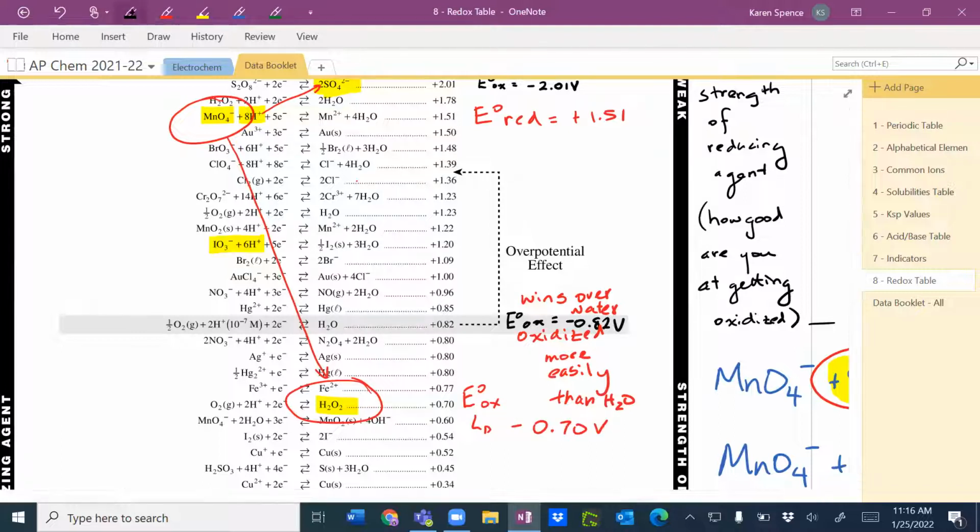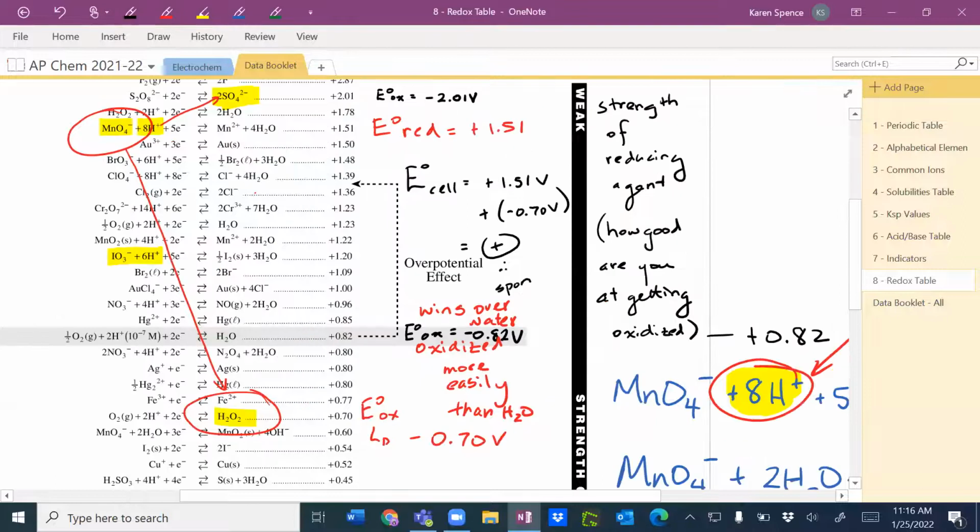And so E naught of the cell would be positive 1.51 plus negative 0.70. I don't know what that gives us, but it definitely gives us a positive value, and therefore it is spontaneous. So if it asked you to do a calculation to prove that, you could find the E naught of the cell. Okay.